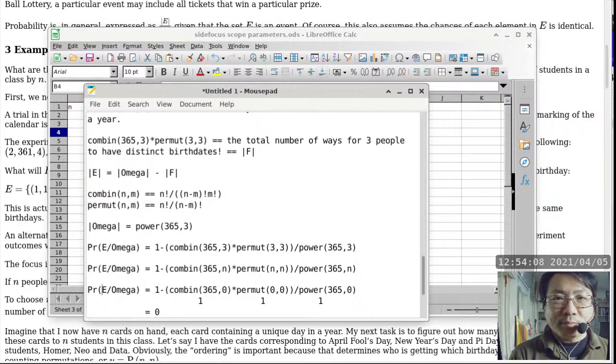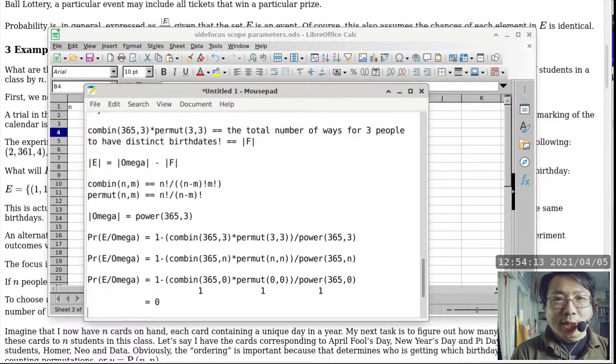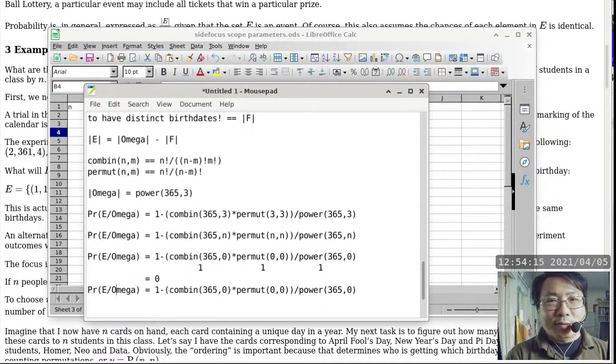Cool. But I need to go back to answer the earlier question, which is what happens when n equals 1, because I just solved the case when n equals 0. So now we go back to answer the case where n equals 1, which also should be solvable just by hand. All right, so the first thing we do is to say, how many ways can we choose one thing out of a bag of 365 where ordering is not important?